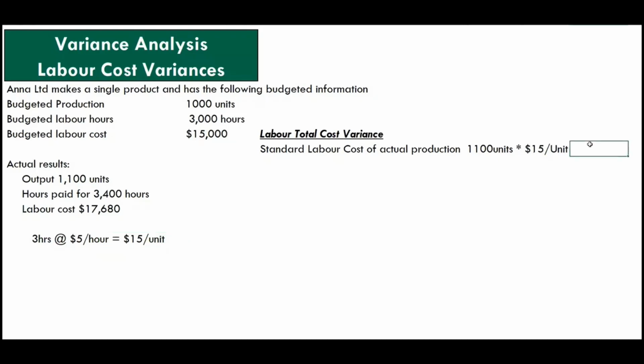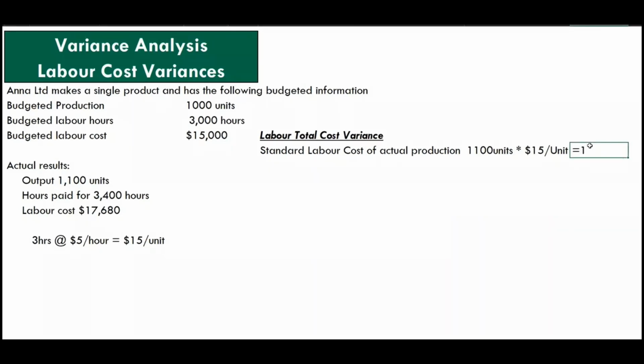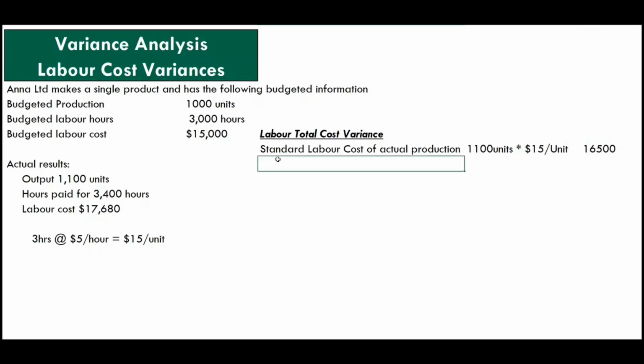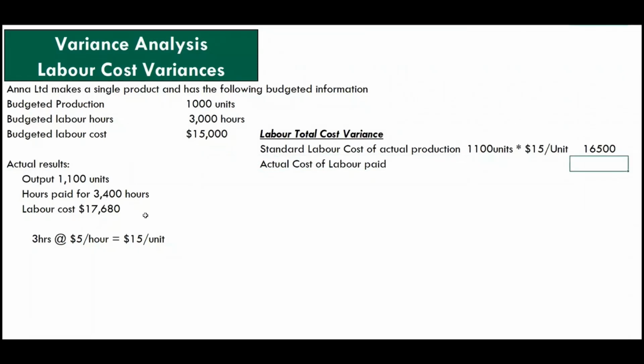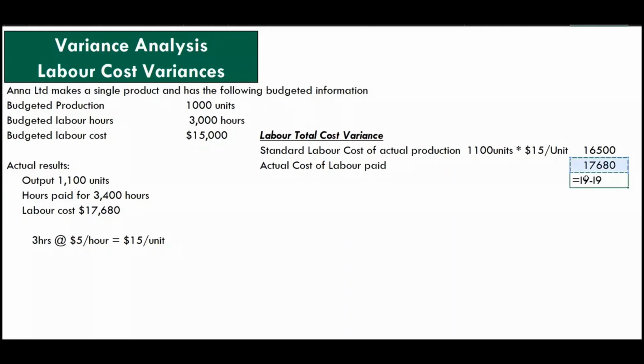Now we have produced 1,100, so we expect the total labor cost to be 1,100 multiplied by 15, and that's 16,500. Then we ask, what is the actual cost of labor? How much did we pay? From the information we have here, we paid 17,680. So we have a difference of 17,680 against 16,500.